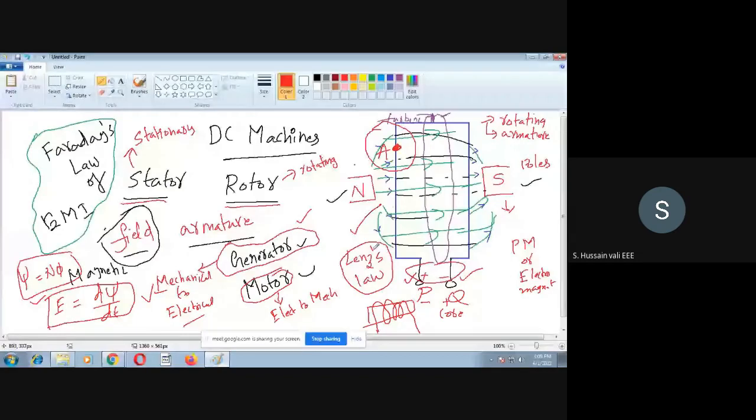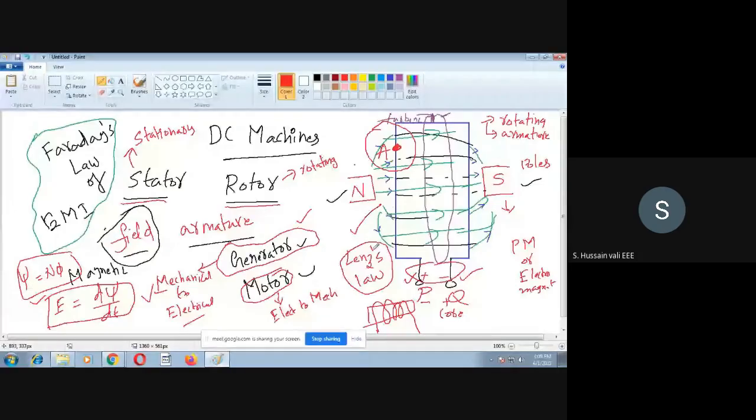Lenz's law states that the polarity is in such a way that the response opposes the cause. The response opposes the cause. That's Lenz's law. Based upon that, the polarity will be decided. You might have studied that in the DC generator.